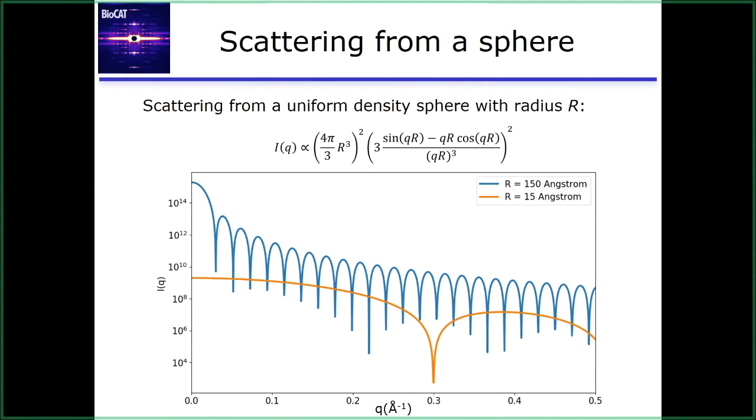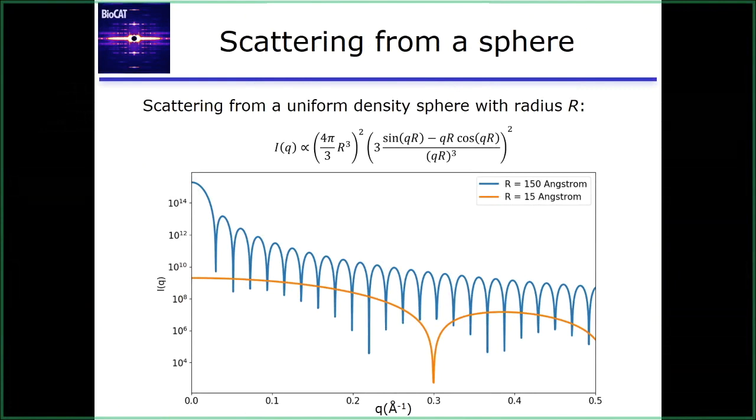Xiaobing had this nice plot in his first talk where he showed you, in this regime down here, you get information about overall shape. And then the next regime out, you get information about conformation. And then if you continue going further out and you can make really good measurements, you start getting information about the internals of the macromolecule.